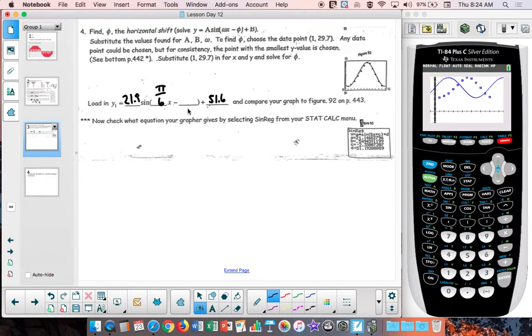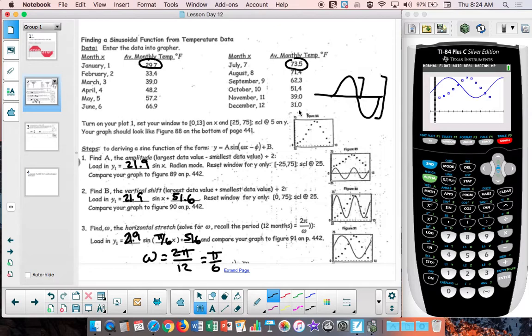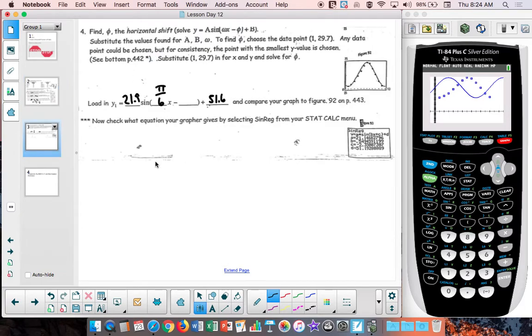To solve for your phase shift, you want to plug in one of your points, and you really want to plug in one of these because these are what we based everything else off of. So just to keep everything tamed in nice numbers, use one of these. The prompt tells you to use January. You could use July and it'd be totally fine, but January works out really well in this case.